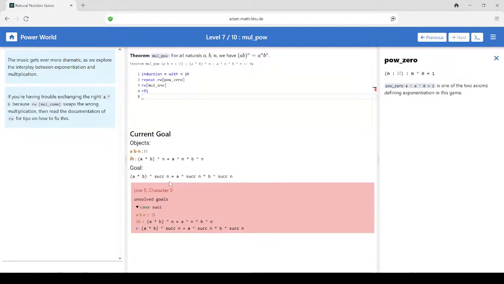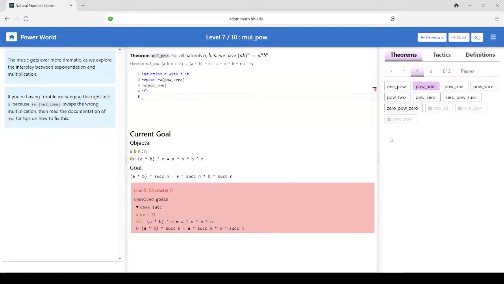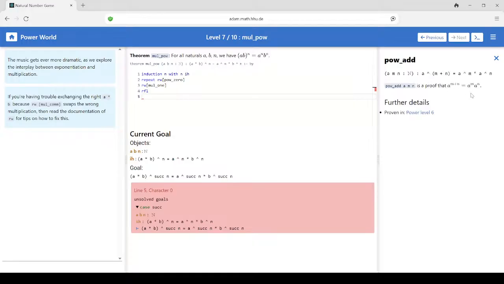Now the question is, do I have the brain power to remember what I literally just did last level? We used... Well, we do have this.